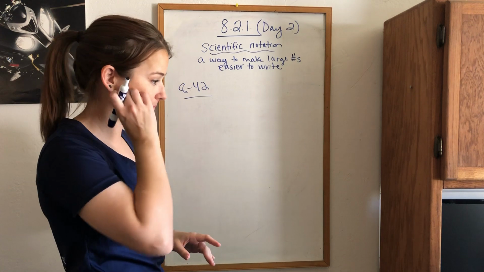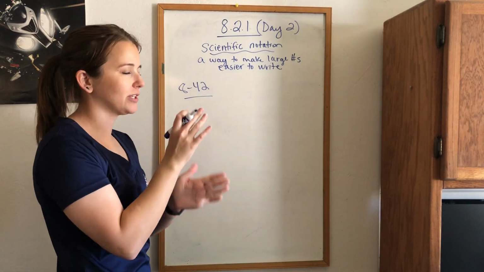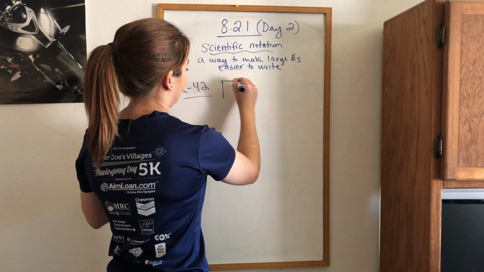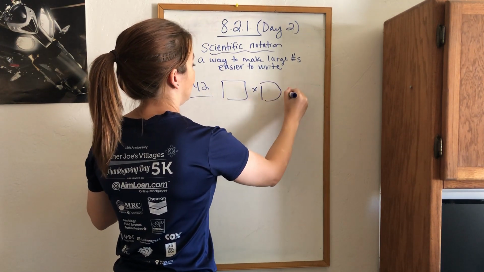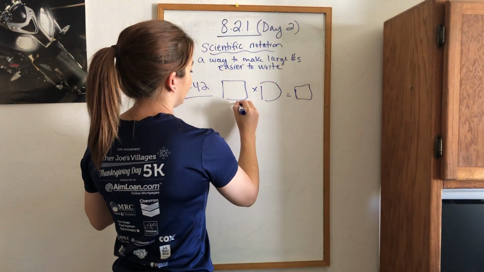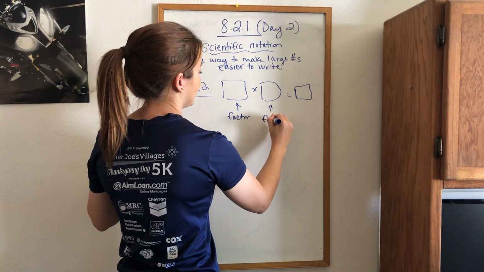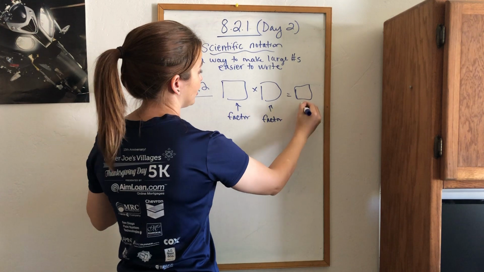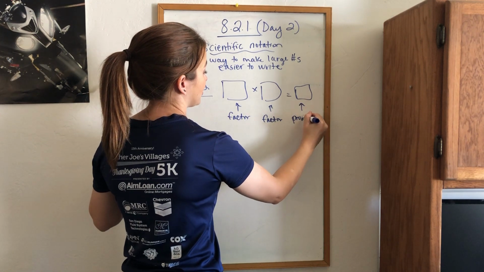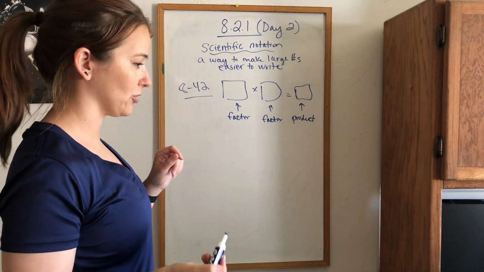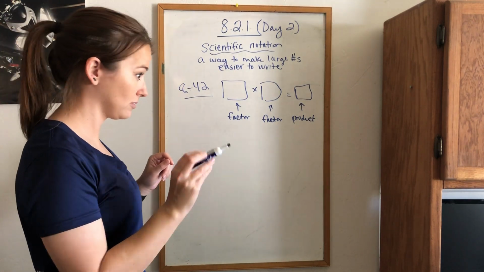So let's back up. If you're multiplying two things together, the things being multiplied are called factors, and your result is called the product, if you remember that from earlier math courses.